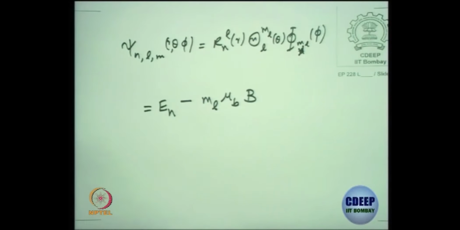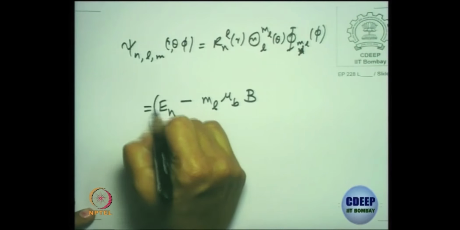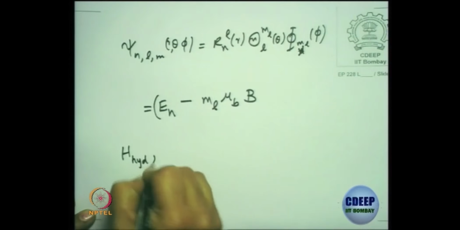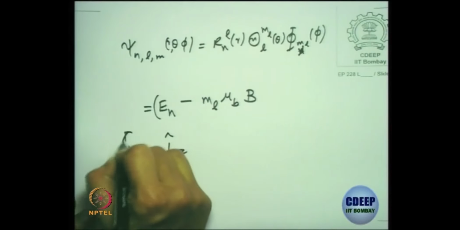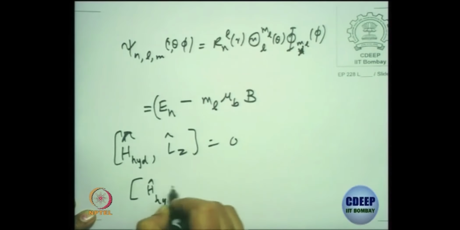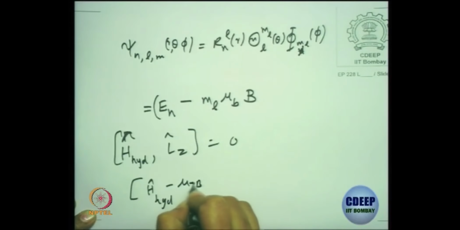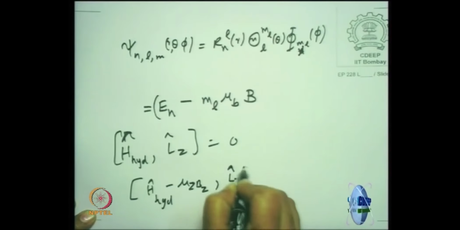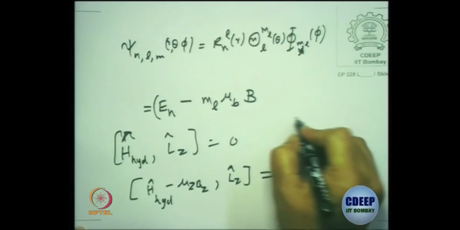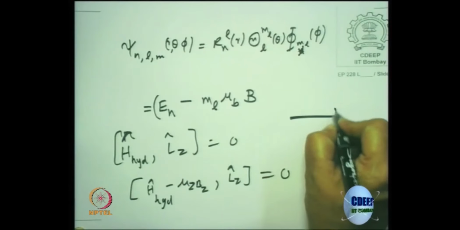I am arguing from a different point of view that the initial Hamiltonian of the hydrogen atom commutes with Lz, but I can also write the hydrogen atom plus a mu dot B with the mu z Bz Lz, that is also 0. From here also I can find the shift in the energy by using the operator formalism. Even from the wave function formalism, you will see that there will be a shift. So what is happening is that this one was having an n squared degeneracy.